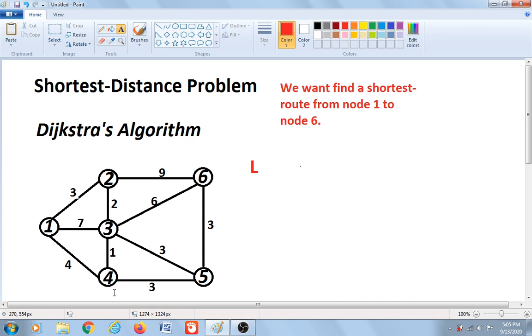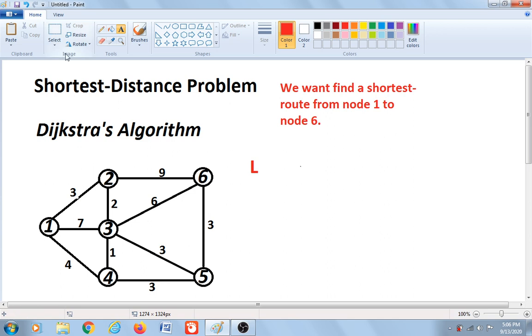Okay, so that's the direct way that we can go from node number 1. We cannot go to node number 5 directly from node number 1.